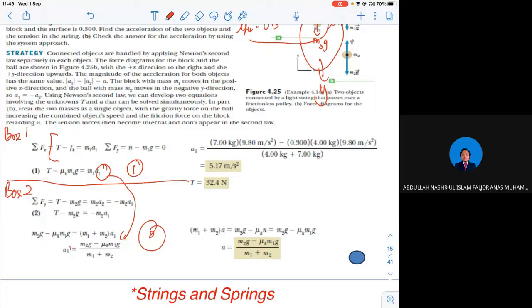Therefore a1 will become 5.17 meters per second squared, and replace the value of a1 inside either equation, equation number 1 or equation number 2, and you will get 32.4 Newton.